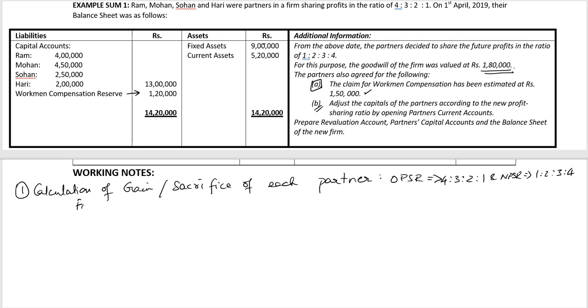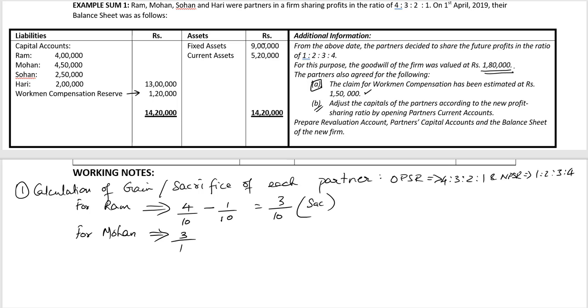Therefore, for Ram, old share 4/10 minus the new share 1/10, positive 3/10, sacrificed by Ram. For Mohan, old share 3/10 minus the new share 2/10, positive 1/10.